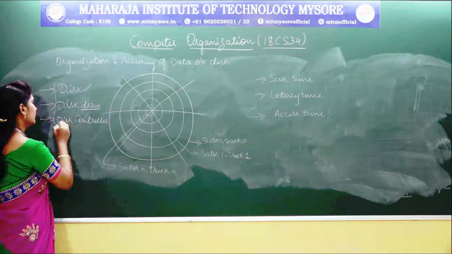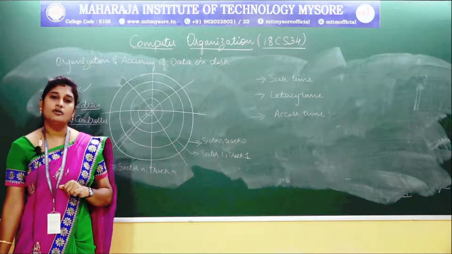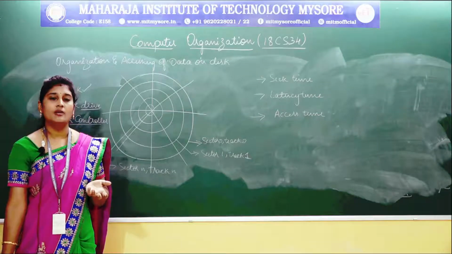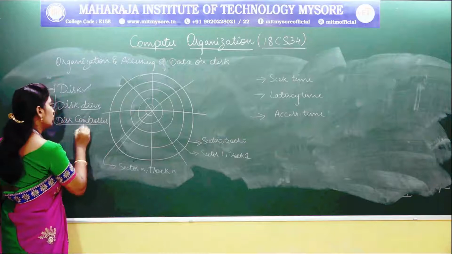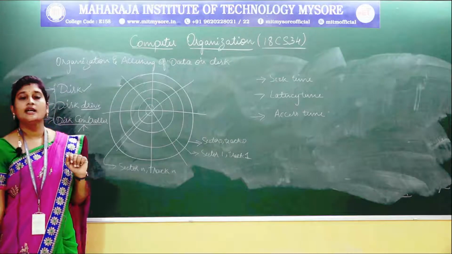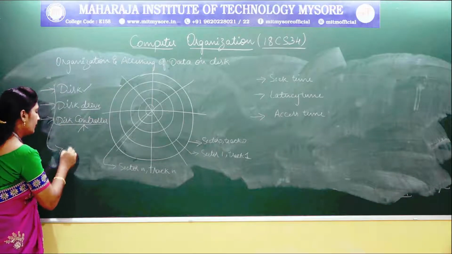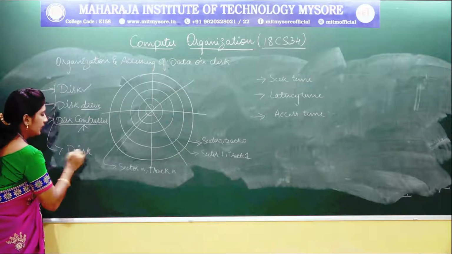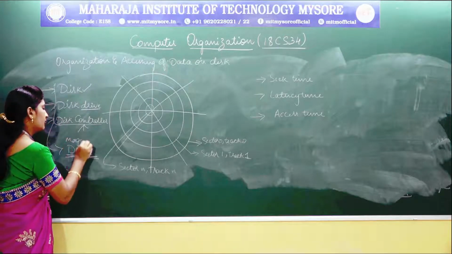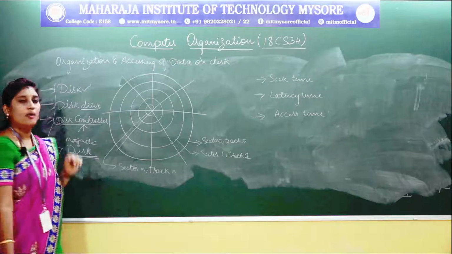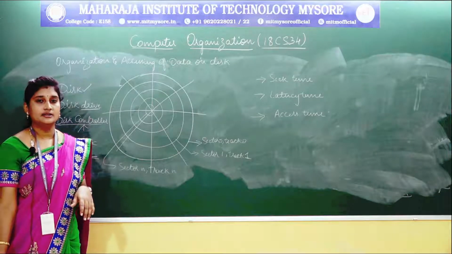And the last term is the disk controller. The disk controller is the controller circuitry which controls the operation of the disk. These three components together constitute the element called the magnetic disk. So these three components make up your magnetic disk system.